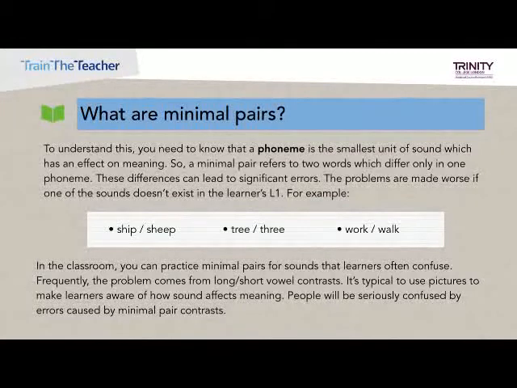It's typical to use pictures to make learners aware of how sound affects meaning, and in fact there are whole courses written around this. People will be seriously confused by errors caused by minimal pair contrasts. The difference between fit and feet, for example.